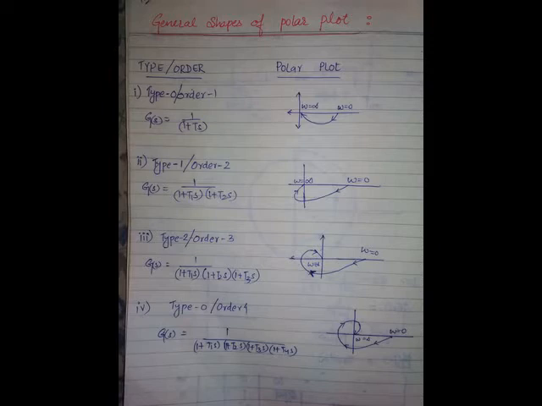Type 0, order 3, with T1s, T2s, T3s. Omega infinity.